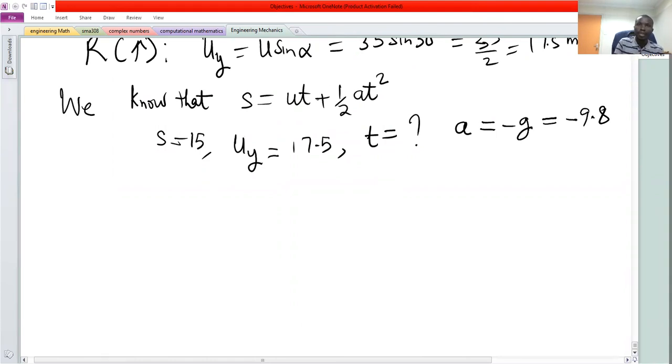Therefore, putting in this formula, we have 15 equals 17.5 times t minus a half times 9.8 times t squared.